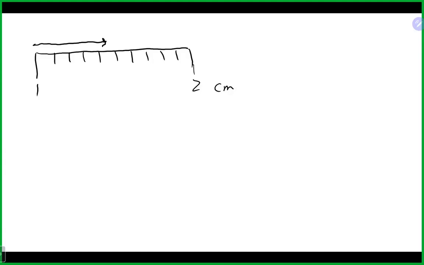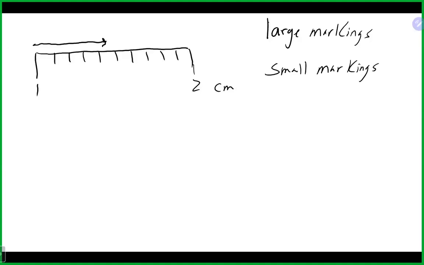There are typically what I refer to as large markings and small markings. Now, large markings will typically have an actual number. So large markings typically will have numbers next to them. I take a peek here. I got me a 1 and a 2.